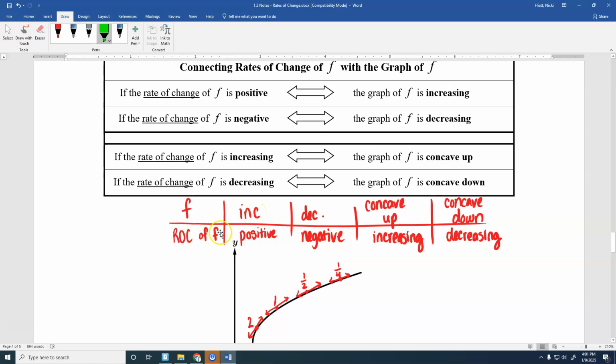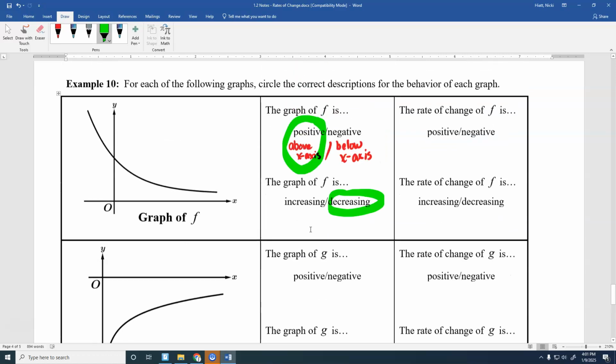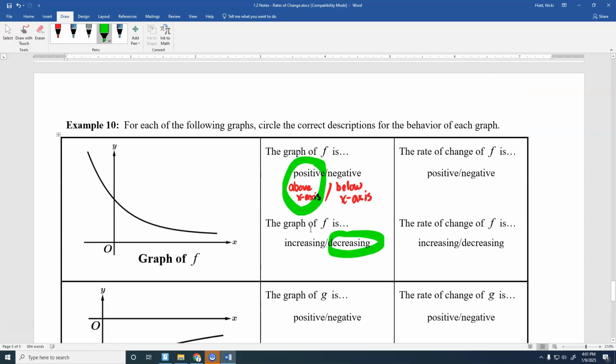And if the rate of change of f is negative, it means f will be decreasing. So in this particular case, our graph is decreasing, right? So these two right here are linked. The graph of f is decreasing, so the rate of change of f is going to be negative. You can also think about drawing in all those little tangent lines.